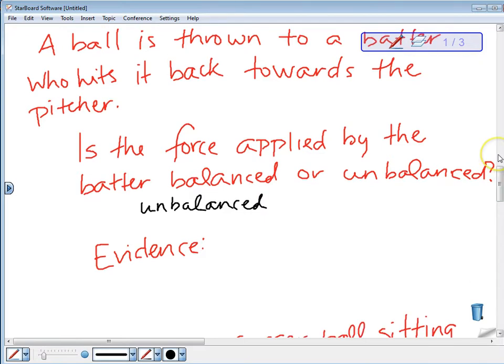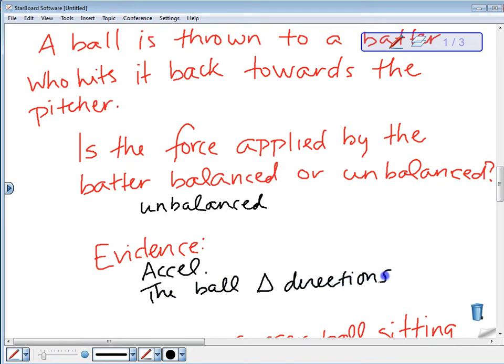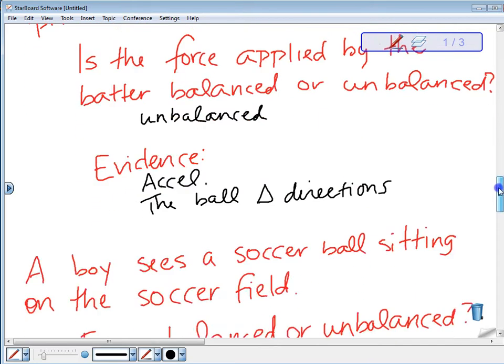Our evidence for saying it's unbalanced is that there was acceleration. The ball changed directions. If there had not been an unbalanced force on it, then that ball would have continued to travel at the same speed in the same direction forever, right, once it left the pitcher's hand.